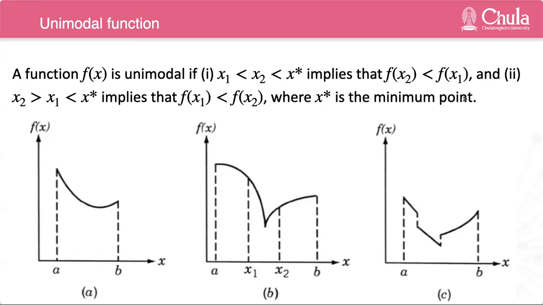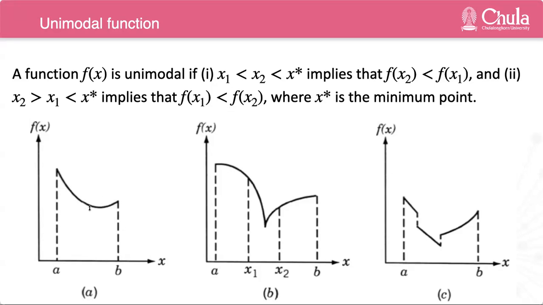Well, if you are not familiar with mathematics, I will try to explain it graphically. A unimodal function is, in the area of interest, for example between A and B, there is only one minimum point, okay? If the function is unimodal, it looks like this.